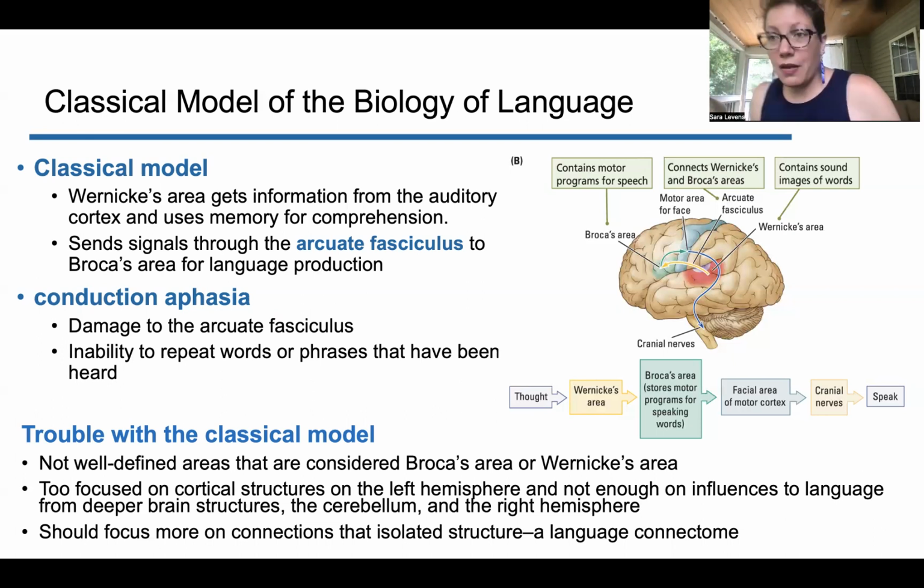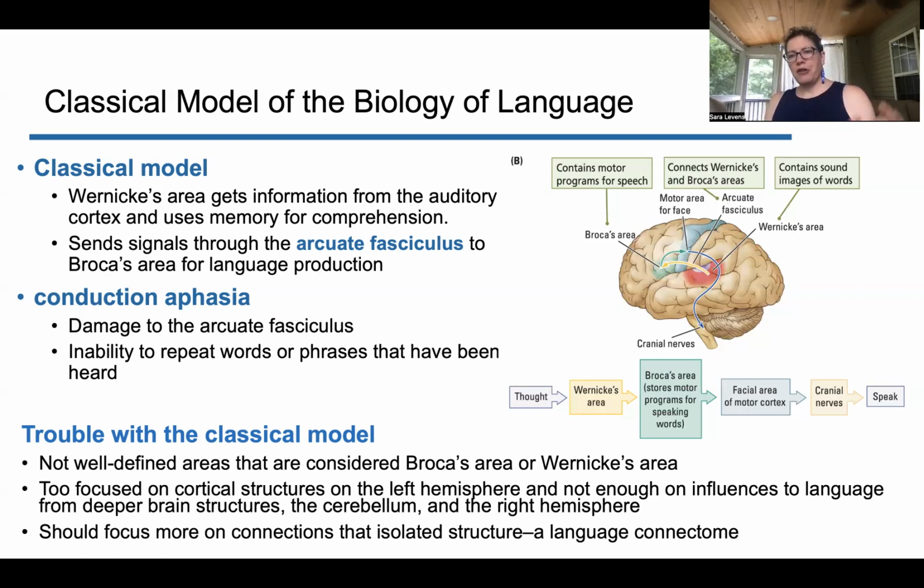What about the way that we say the information, the affect that we use, the frequency, how rapidly we're speaking, aspects of arousal? All of those things can affect how you communicate the words that you're using. And this classical model doesn't really account for how those things would be influenced by other areas of the brain.